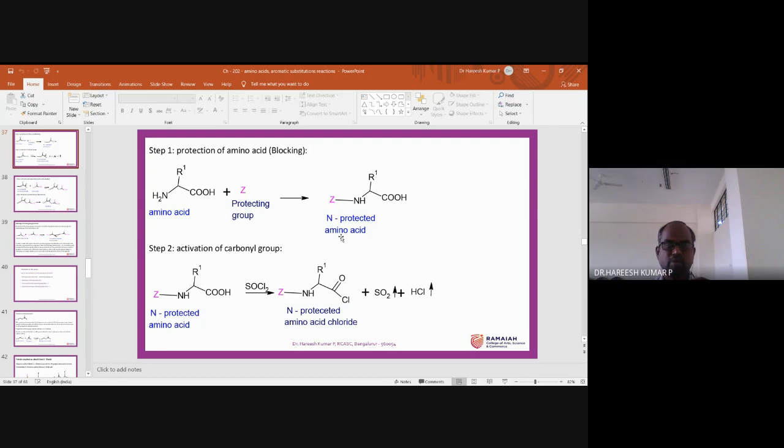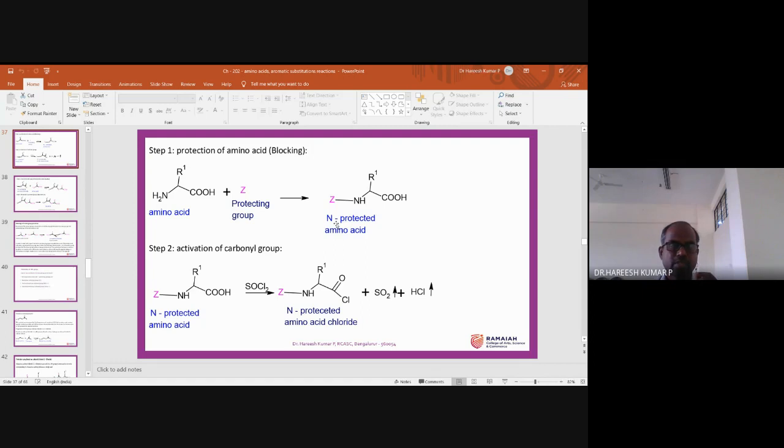NBS means N-bromosuccinimide. N-bromosuccinimide selectively cleaves the peptide bond between the tryptophan and the adjacent amino acid. Similarly, we discussed cyanogen bromide. Cyanogen bromide selectively cleaves the peptide bond between the methionine and the adjacent amino acid.